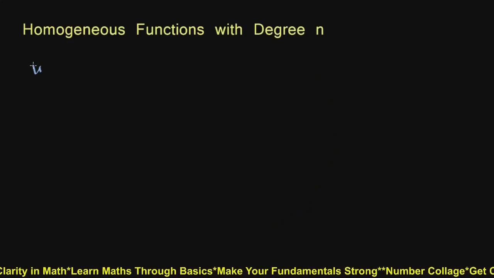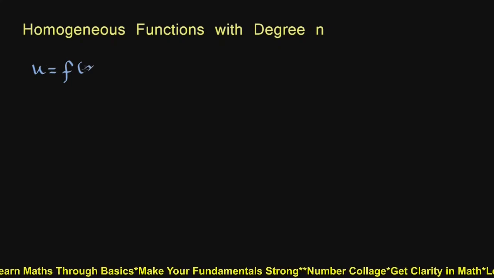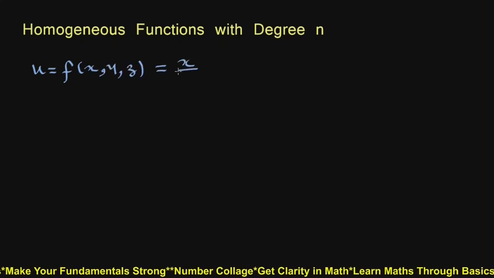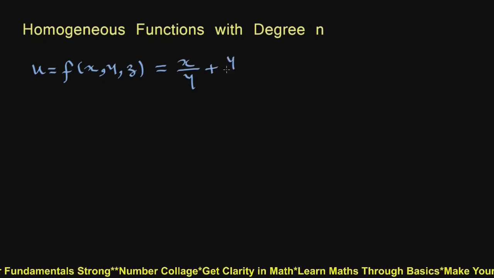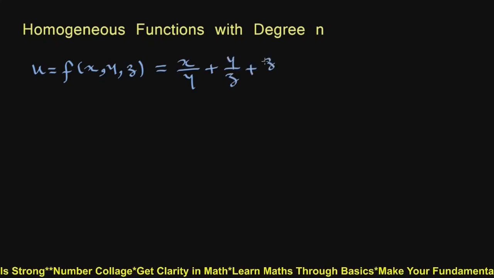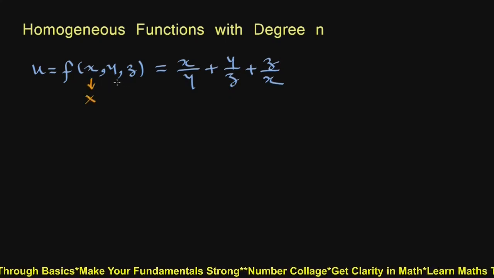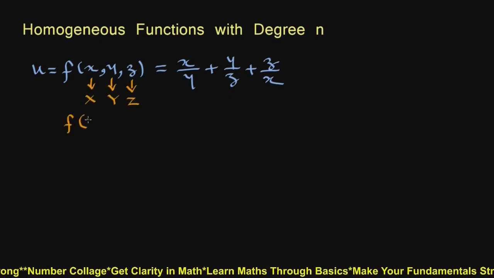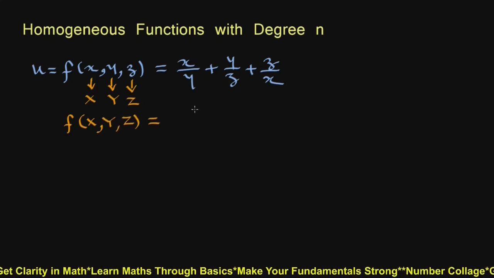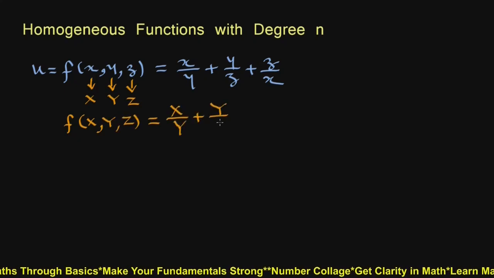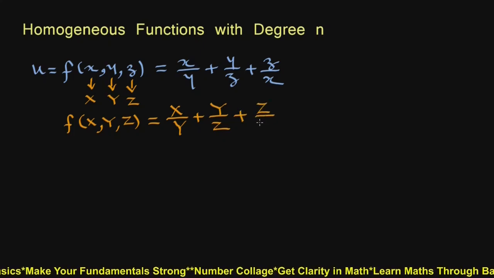Consider function u of three independent variables x, y and z, which is x upon y plus y upon z plus z upon x. We replace small xyz by capital XYZ. So f of XYZ will be x upon y plus y upon z plus z upon x.